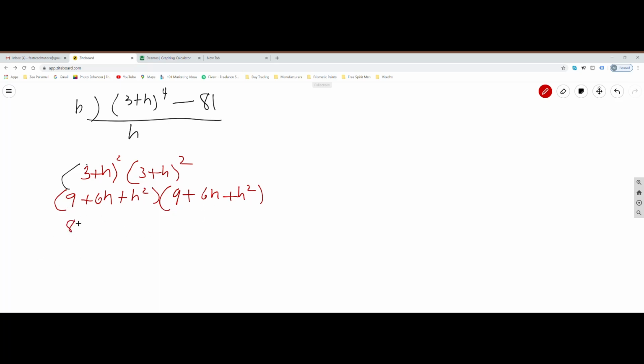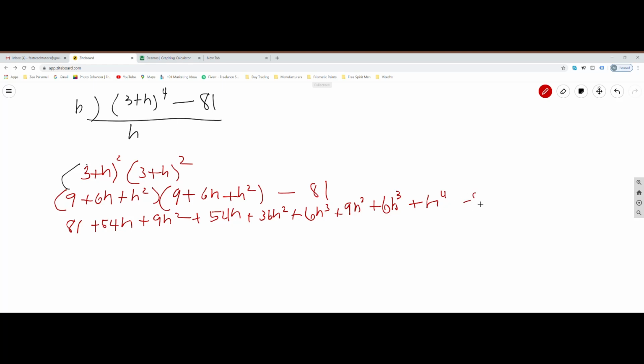So 9 times 9 is 81. Oh yeah, we can't forget the 81. So 81 plus 54h plus 9h squared, plus 54h, plus 36h squared, plus 6h cubed, and then you have 9h squared plus 6h cubed plus h to the 4, and you're left minus 81.